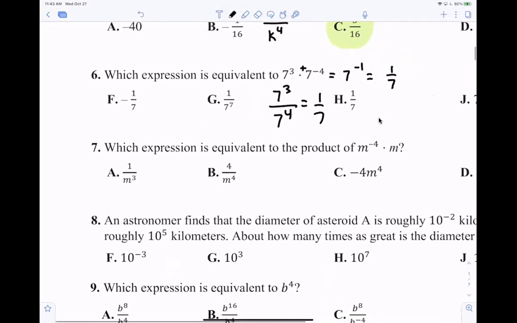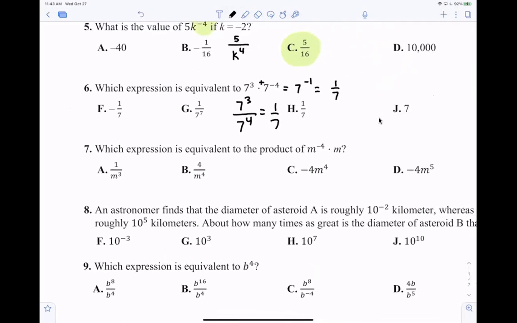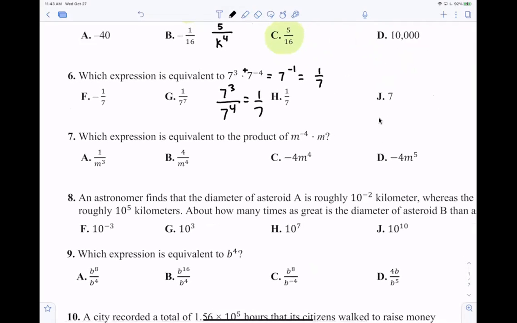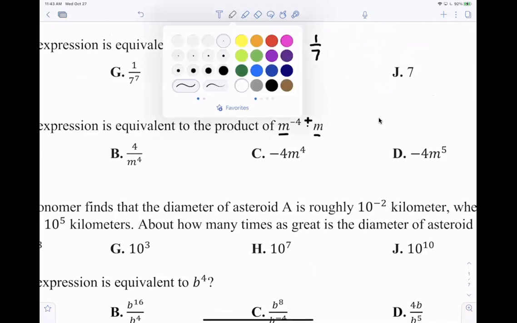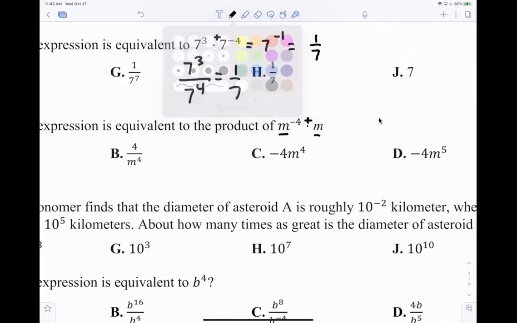All right, number 7. Okay, I thought, is it B? Now, listen. What's the rule when you multiply? What do you do to exponents? You add. That is exactly correct. Now, the problem here, kiddo, is I'm going to erase this right here because it's in my way, this question mark. What is the second m? What exponent does it have?